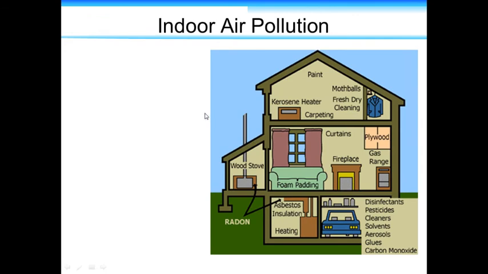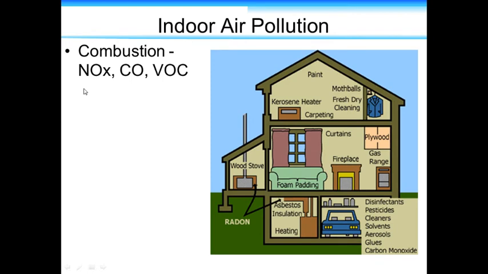Now we've talked about outdoor air pollution, but indoor air pollution can actually be more dangerous. If you don't have a lot of airflow, particularly if you have a newer house that has very good insulation and the windows seal very well, you can build up concentrations of some of these chemicals to a much larger degree than you might see outdoors.